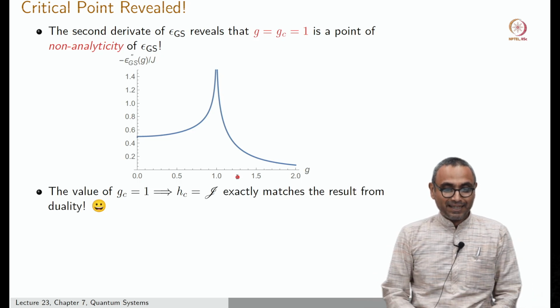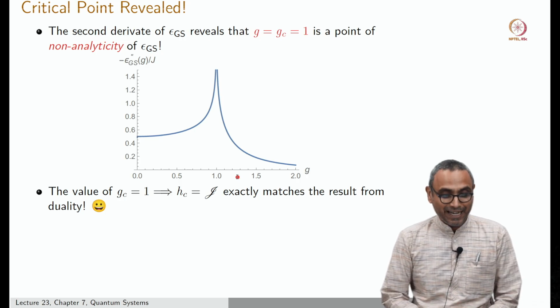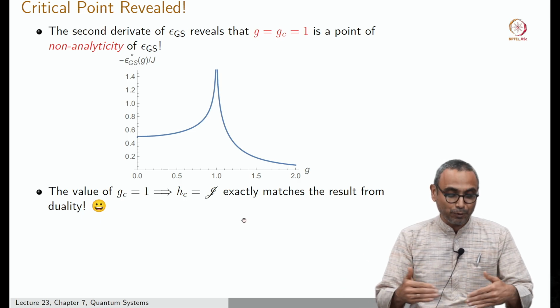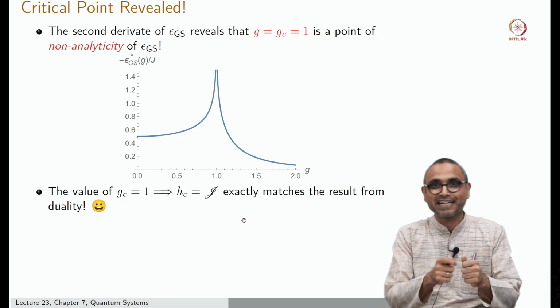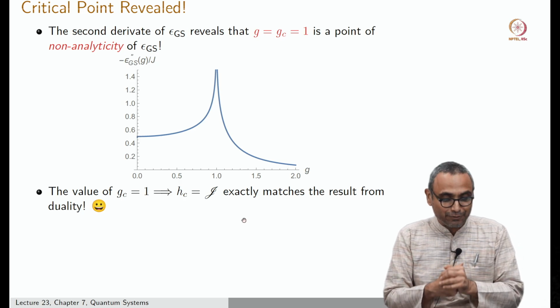Okay. So the value of G_C, the critical value, is 1, and if you put back dimensions, it tells you that H_C is same as J, that is, I am fixing J and running H, and that exactly matches the result from duality.